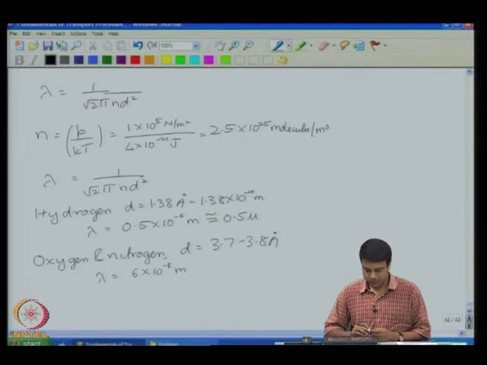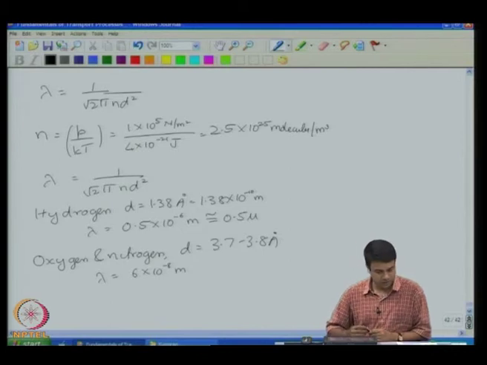You can easily see that the diameter is about 3 angstroms, the mean free path is about 6 nanometers. That means that the mean free path is approximately 100 times the molecular diameter in the case of gases. So, this gives us a range for the mean free path, between about 0.5 microns to 10 power minus 7 to 10 power minus 8.